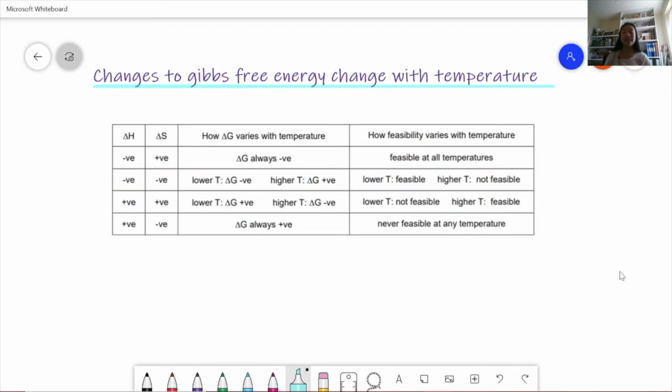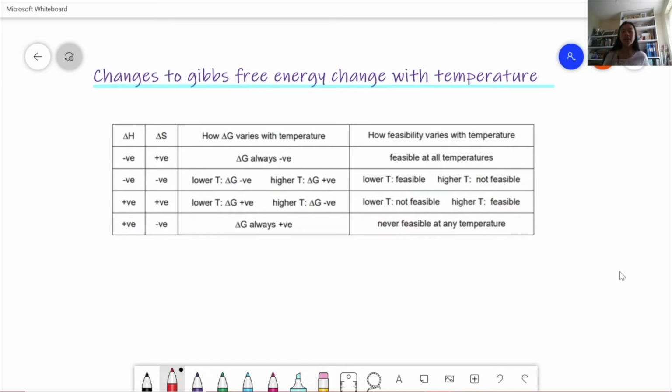So here is a nice table to summarize how Gibbs free energy changes with temperature. So if we have a look at the first example, if we have a negative enthalpy change and a positive entropy change, then the delta G will always be negative, so it's feasible at all temperatures.